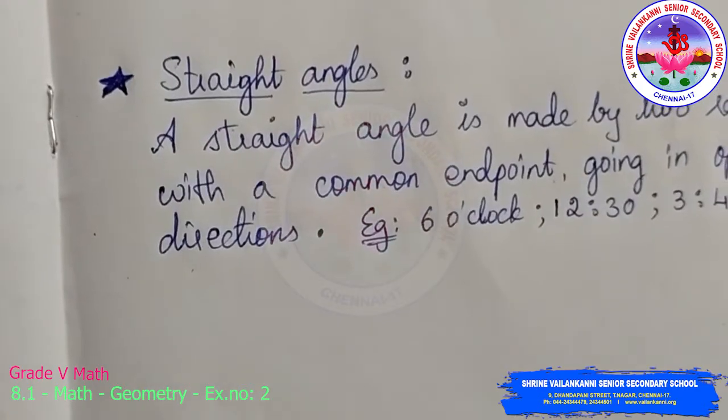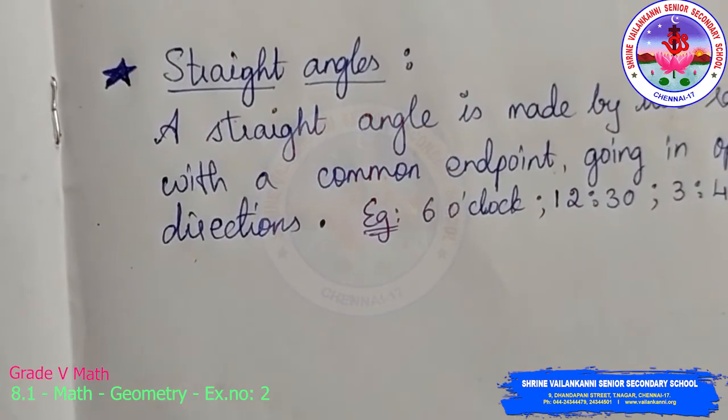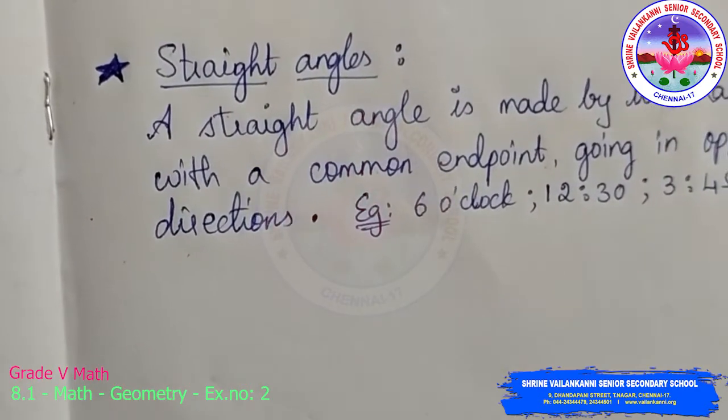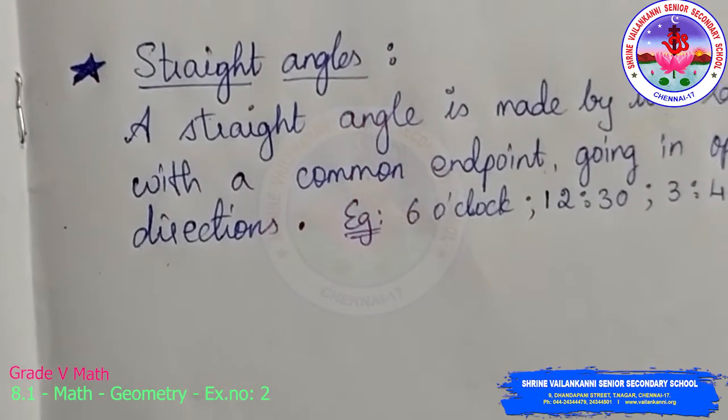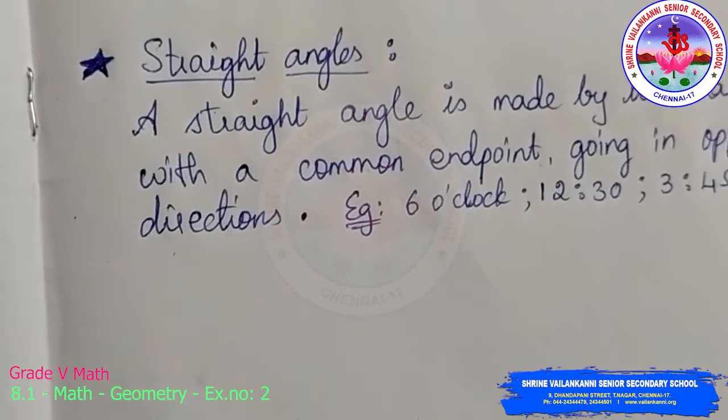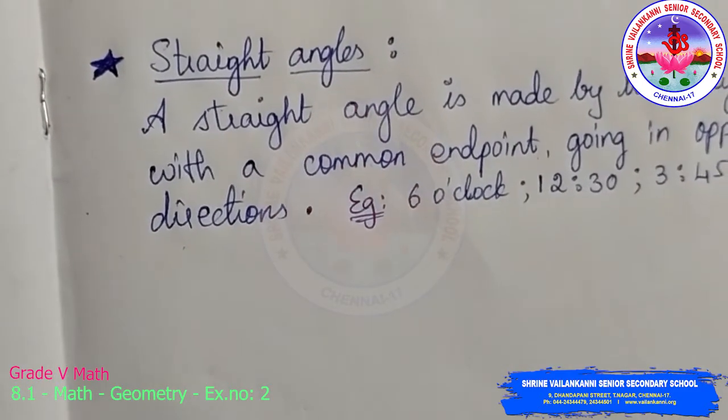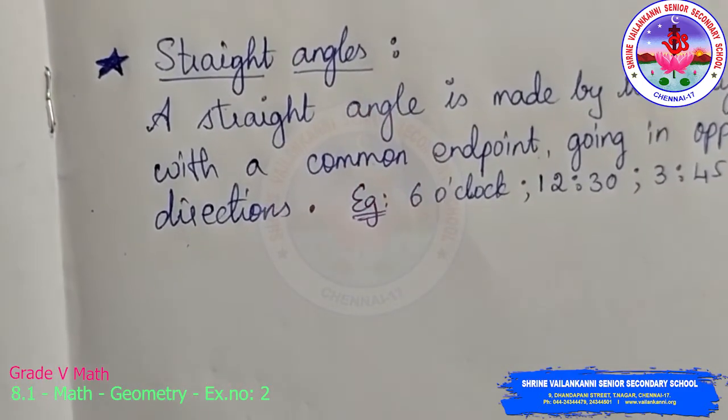The two needles are different needles, but when they form a straight line, it shows like a straight line on a wall clock. So that angle will make a straight angle.